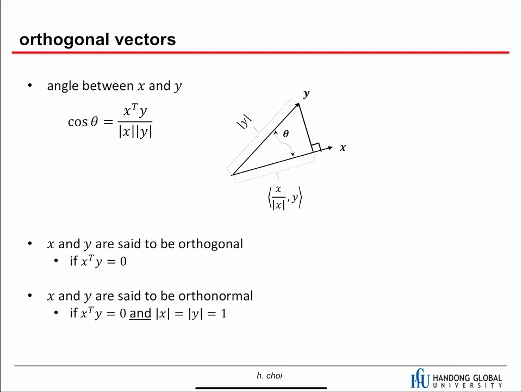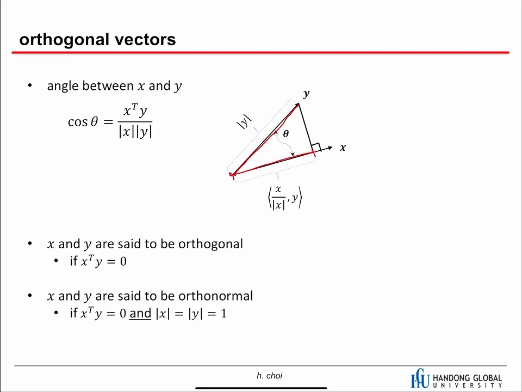Okay. So first, let's talk about the angle between x and y. X and y are two vectors. And given this triangle, then you know how to calculate cosine theta, right? So this one is the length of this vector, and this is length of this line.